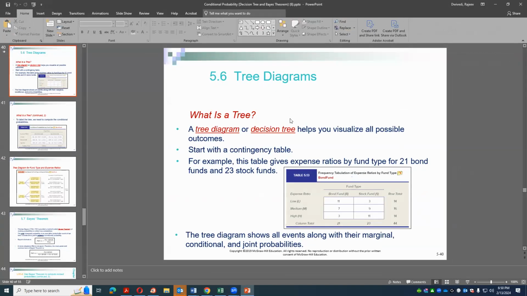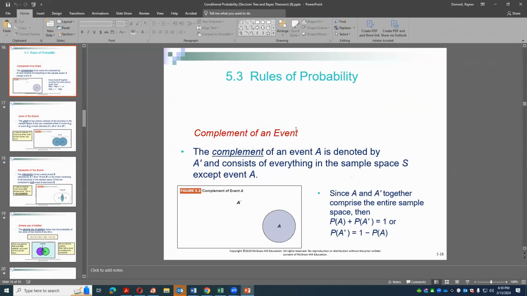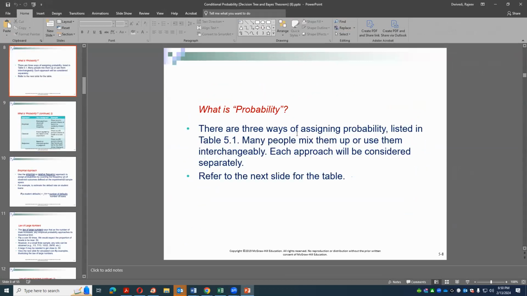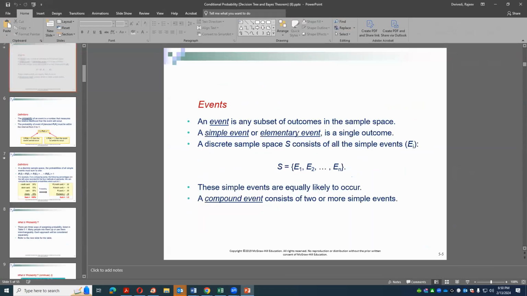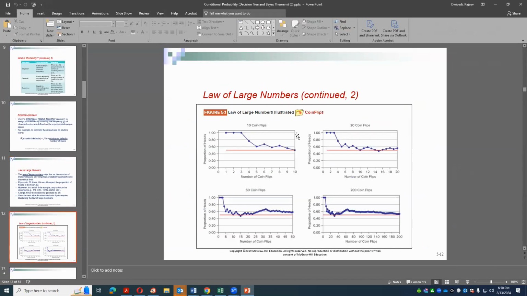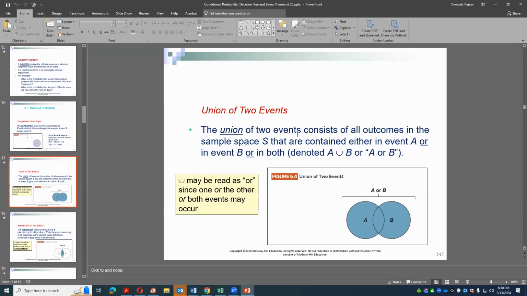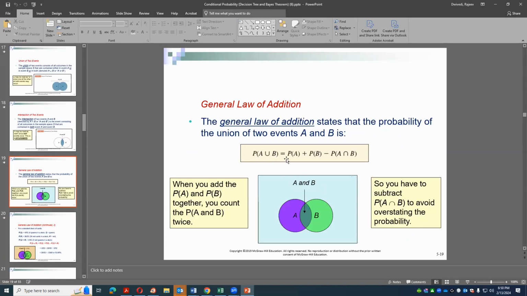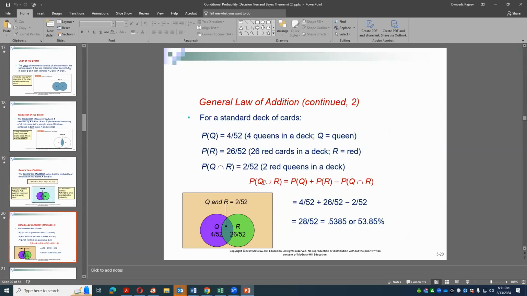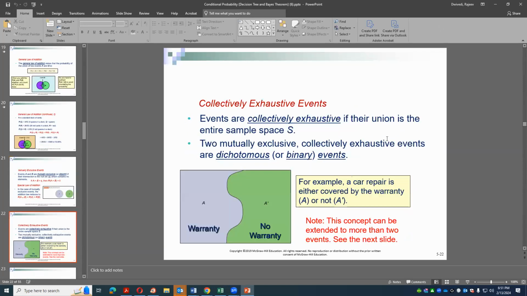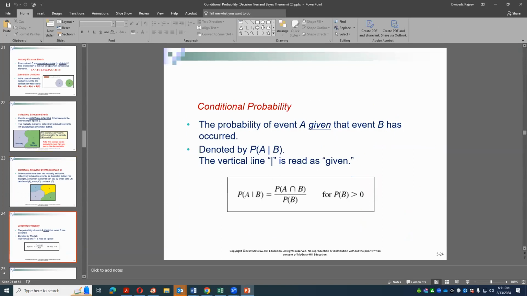I hope you can see my slides. So A or B, this is like a U, and this is A and B. And then conditional.